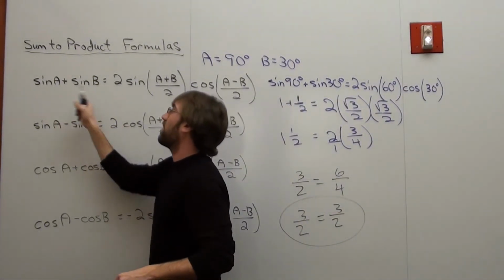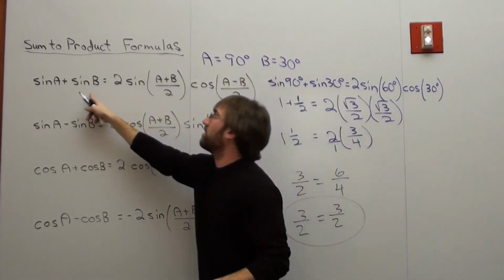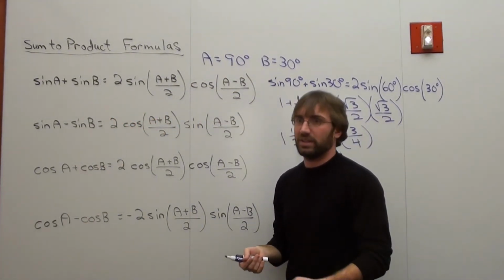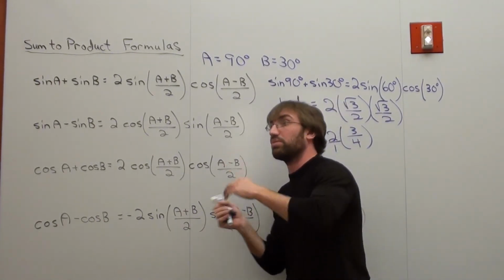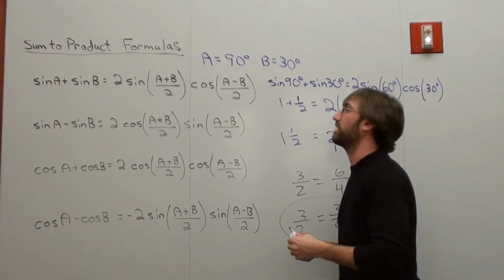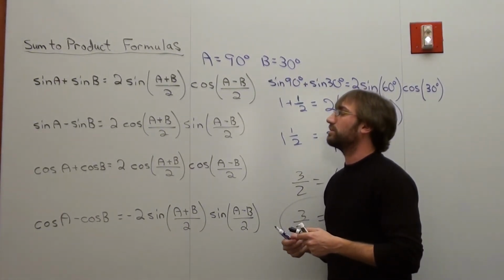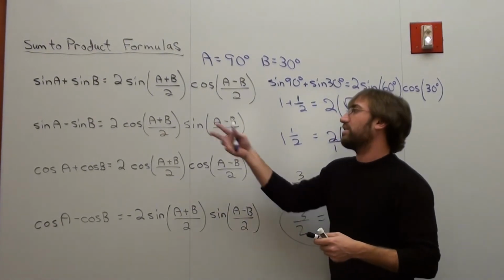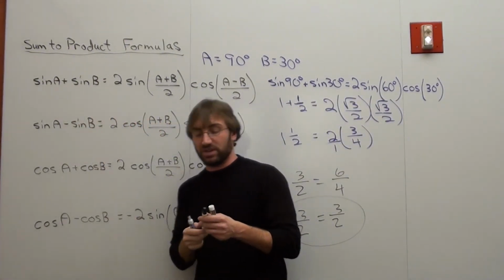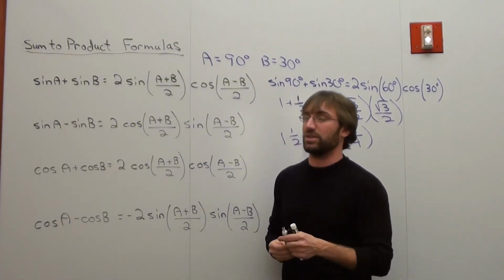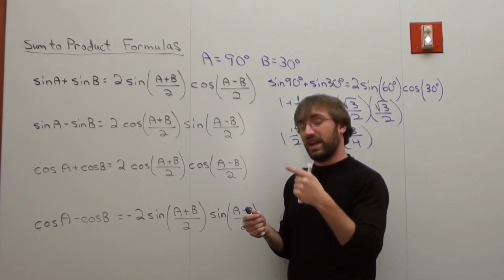Something you have to realize: when you're doing sum to product and you're given the sine of 90 degrees plus the sine of 30 degrees, it's not the sine of 120. It's a totally different problem. Sine of 120 is different than the sine of 90 plus the sine of 30. Best example I can give is the sine of 45 degrees plus the sine of 45 degrees, which is not the sine of 90 degrees. 45 degrees gives root 2 over 2, and the sine of 90 degrees is 1.